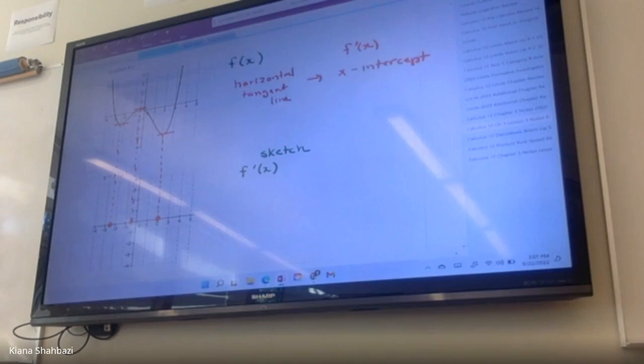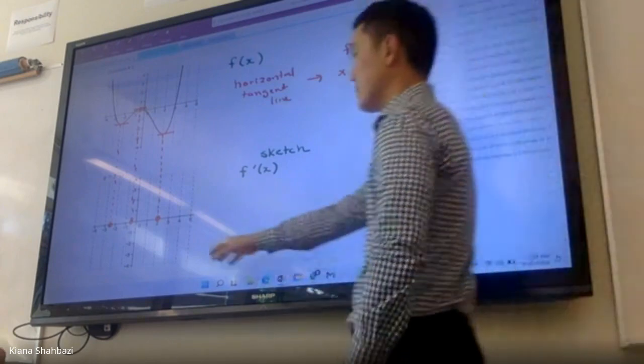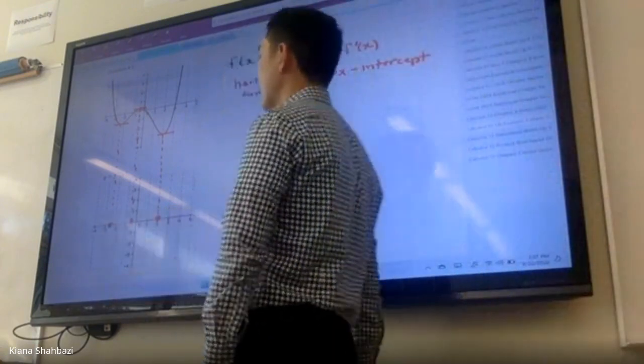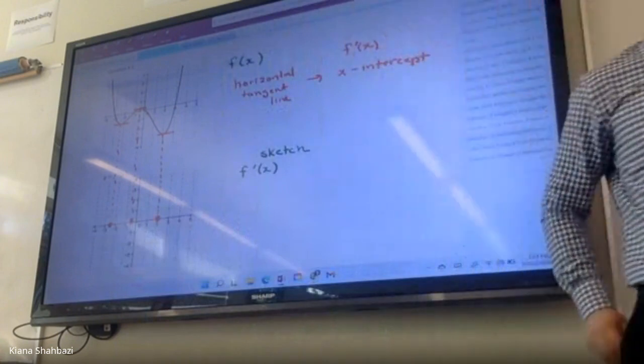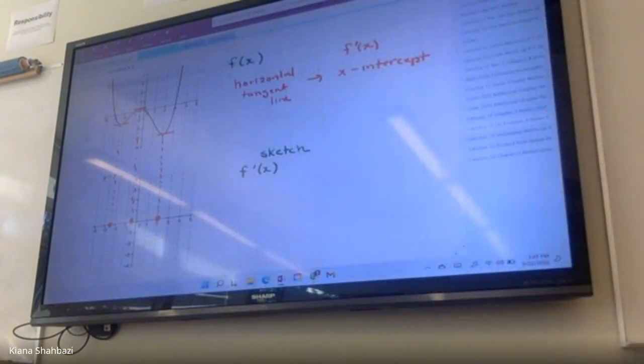So what we're doing is we're graphing its derivative, right? If the derivative has a value of 0, that means the height should be 0.